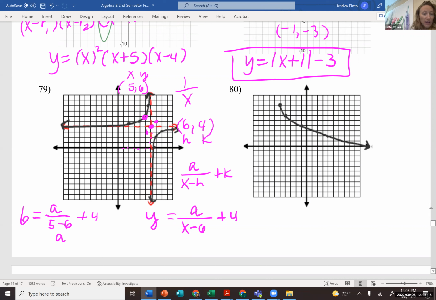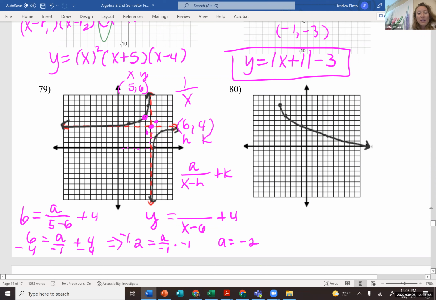So I've got a divided by -1 plus 4 is equal to 6. Subtract 4. It's going to give me 2 is equal to a divided by -1. So multiplying by -1, I've got a is equal to -2. And so I'm just going to erase my a and replace it with the number -2. And I feel amazing. I have my full answer.